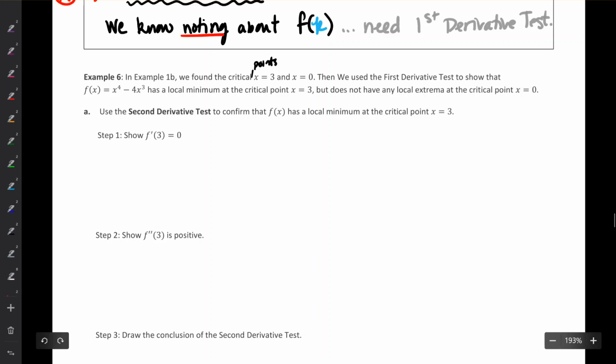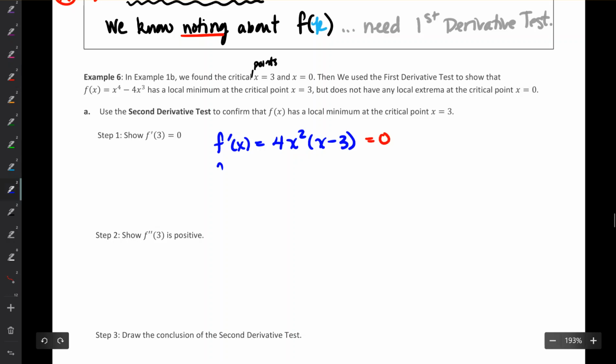All right, so we already found the f prime of x, and I'm going to go ahead and write it in factored form because we did all this work already. So it's fairly intuitive to see that f prime of 3 here is 0.